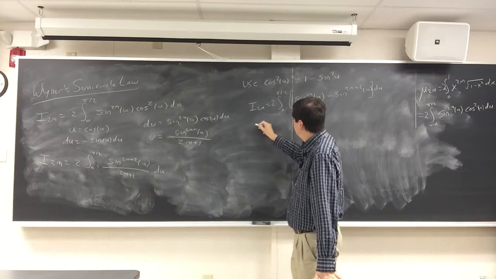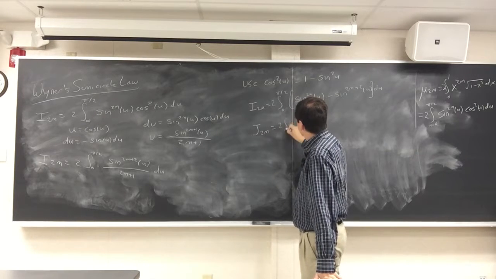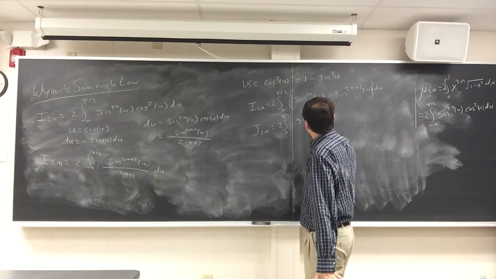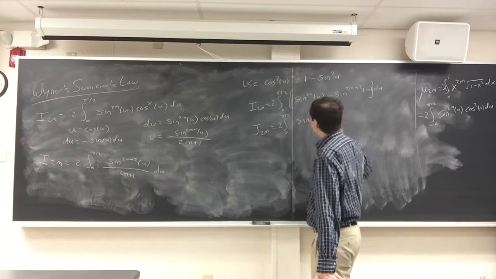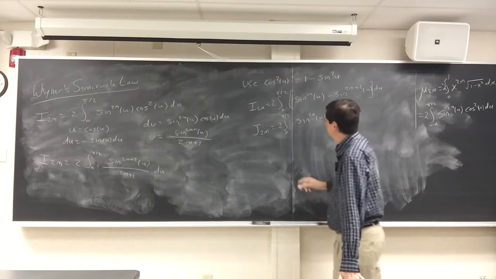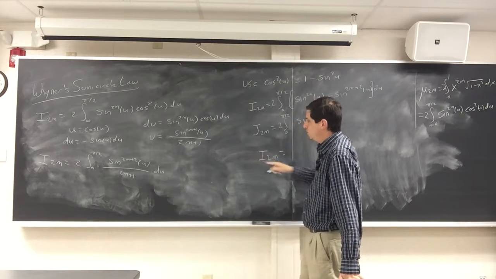So if we let j of 2m be twice the integral from 0 to pi halves of sine of 2m of u du, what do we have? We have I of 2m is what?